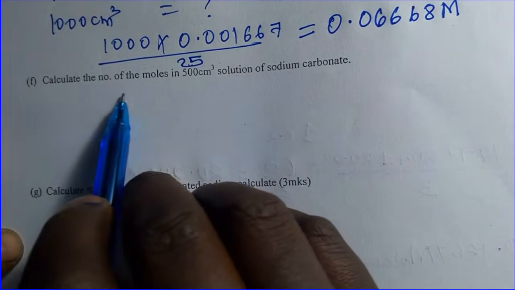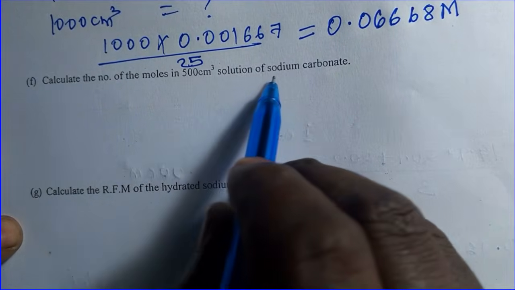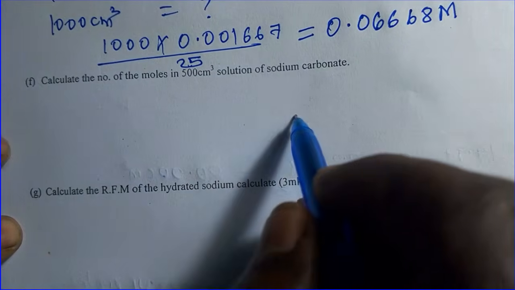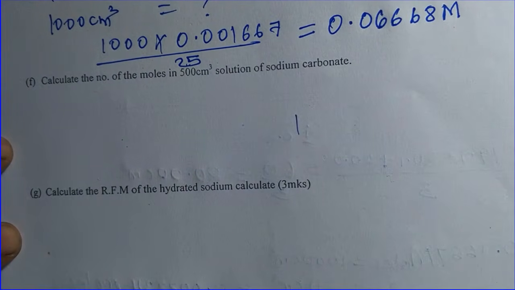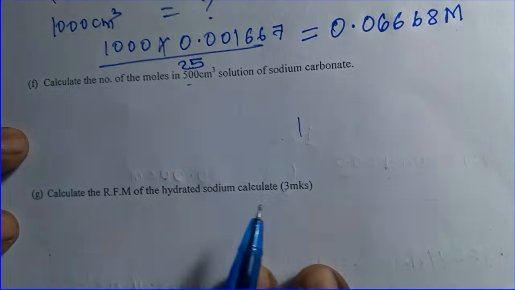Calculate the number of moles in 500 centimeters cube solution of sodium carbonate. Now that is simple, because now we know the number of moles in a liter. Well, a liter is 1,000, so 500 will not be a difficult thing.